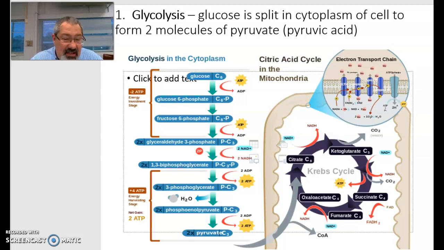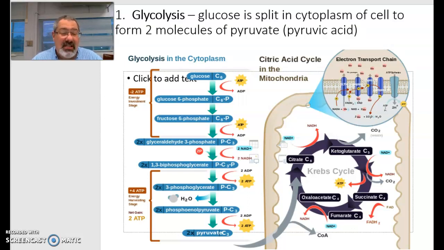The remaining steps of glycolysis are energy harvesting steps where 4 molecules of ATP are produced. So the net gain of ATP is 2 molecules by glycolysis. The final product of this 10-step reaction is pyruvate, 2 molecules of pyruvate.